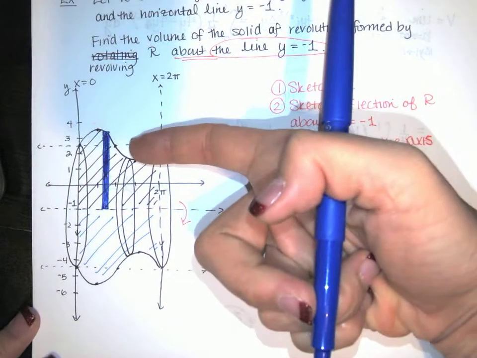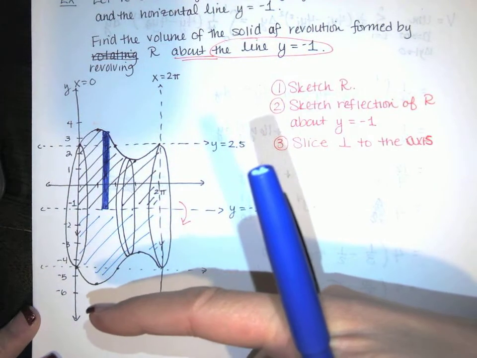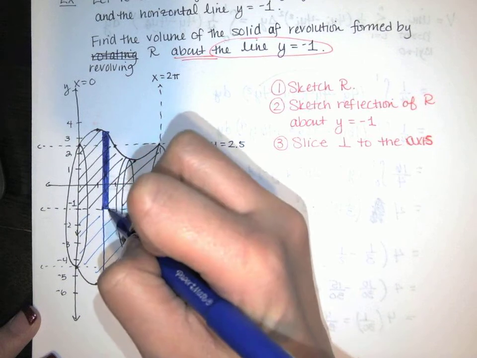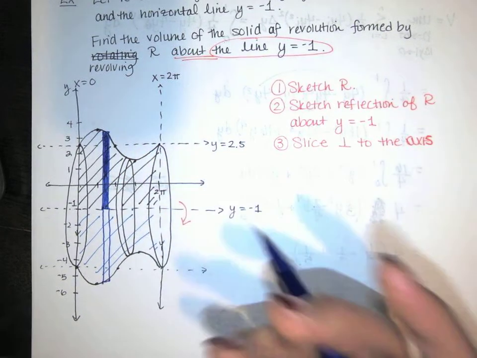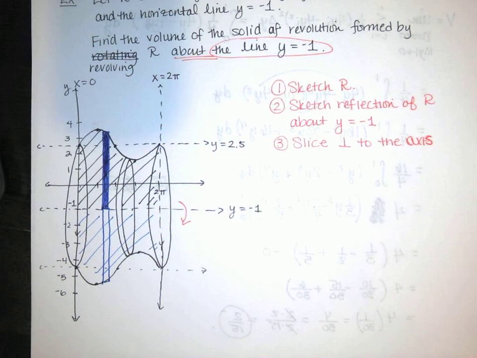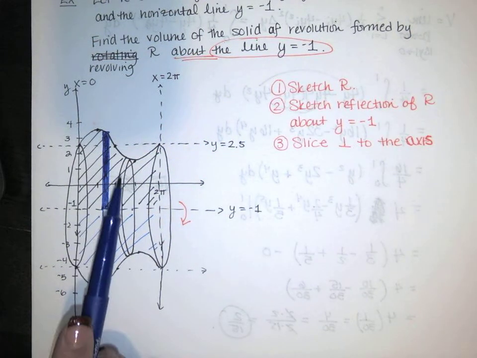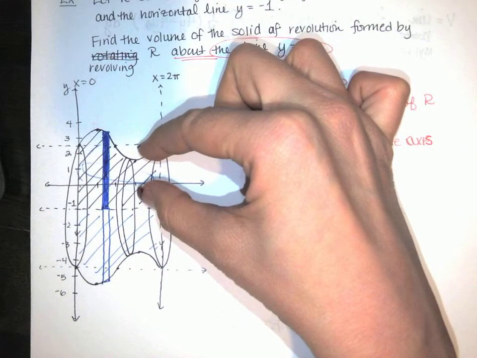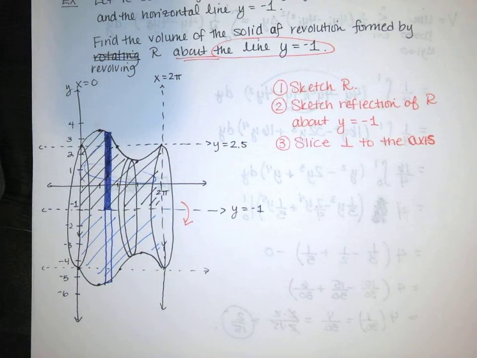And imagine you take that rectangle and you rotate it around. Well, in the reflection, that rectangle is going to end up down here. But if I look at it on the side with a little bit of dimension, it's going to look like this. Now, since there's no gap between this region that I rotated and my axis, the cross section is a disc. It's a little circular disc.